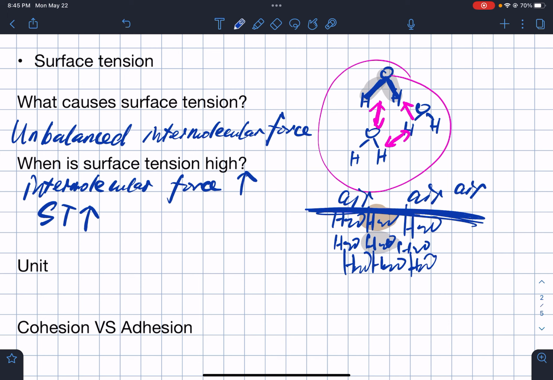Before we move on, let's talk about the unit of surface tension. The unit of surface tension is basically force divided by length. The SI unit for force is Newton, and length is meter. Or it can be energy per area, which is meter squared, sorry.